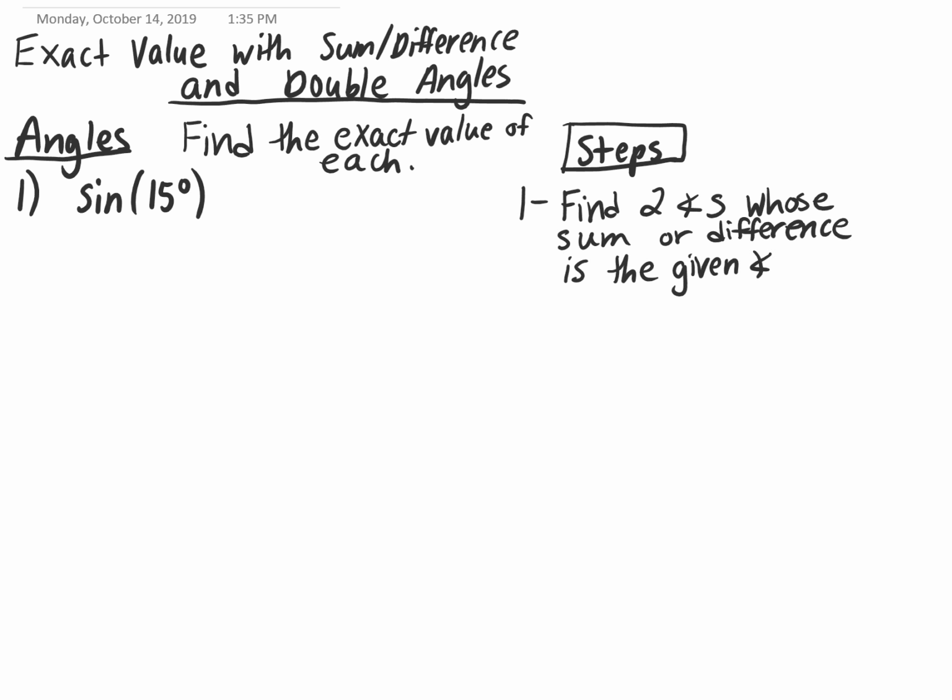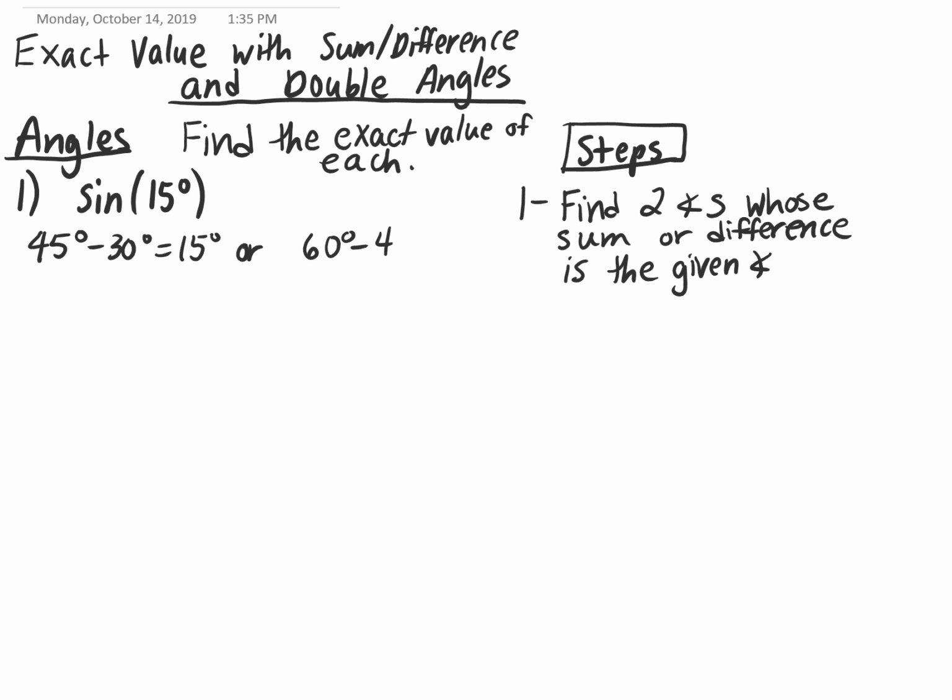So what you always want to look for is how can you use 45, 30, and 60. We have two options for this first step. We can do 45 degrees minus 30. That gives us 15. Or we could use 60 minus 45.